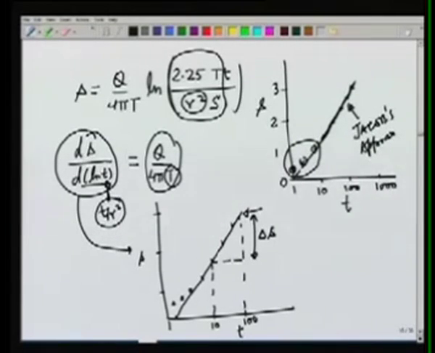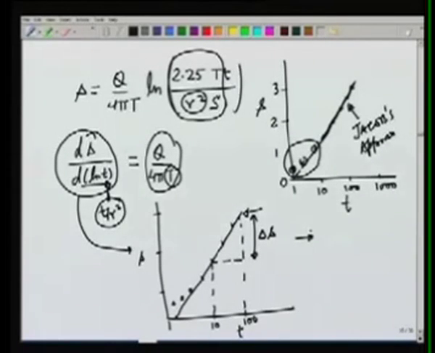That will give us the slope of s versus log t on base 10, and then we can convert it into natural log, and we get the equation for estimating T, 2.3 Q over 4 pi delta s, where delta s represents the change in s in one log cycle of t, and 2.3 comes because of conversion of the base from 10 to natural log e.